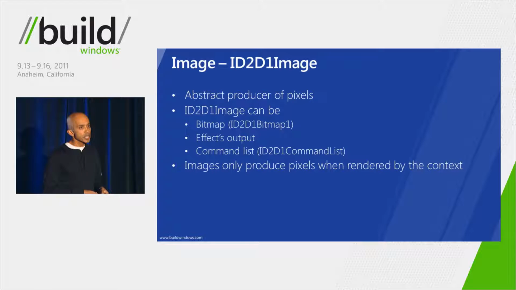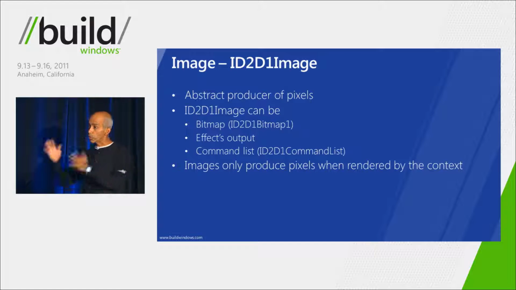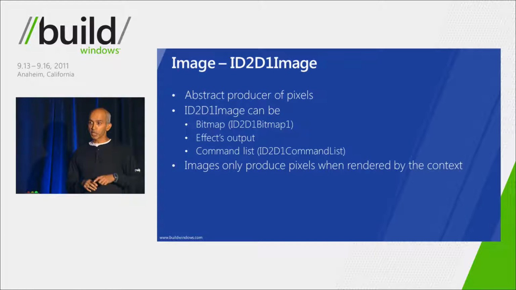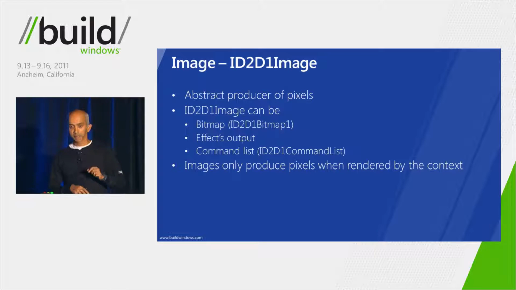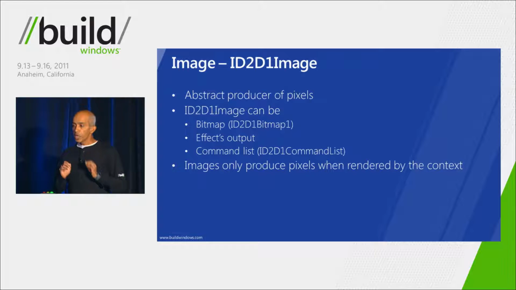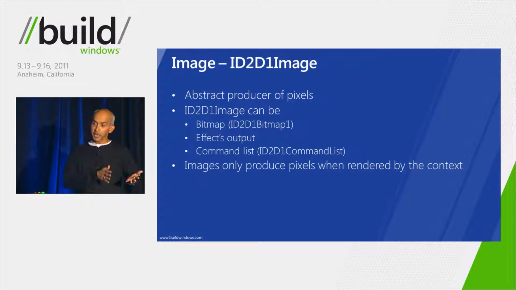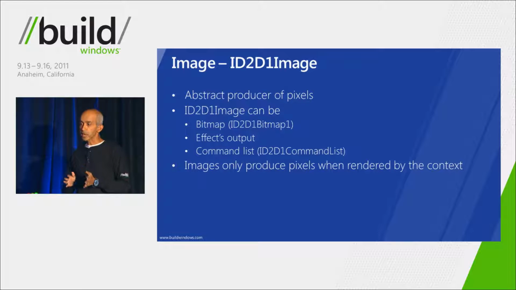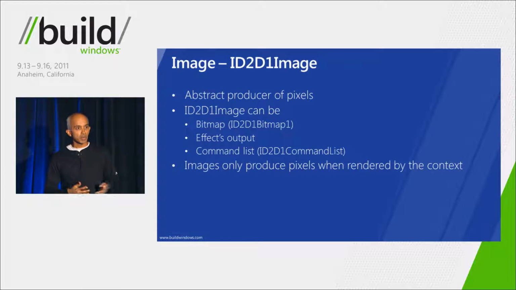It's important to realize that no work actually happens until the image is rendered using the context. The pixel operations are performed only on the region of interest. This enables Direct2D to only compute pixels when needed and only on the pixels that are requested. This is one of the reasons why Direct2D effects are fast and efficient.